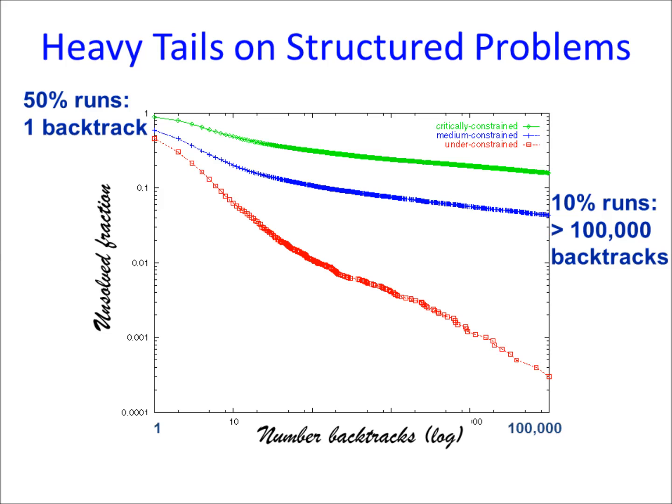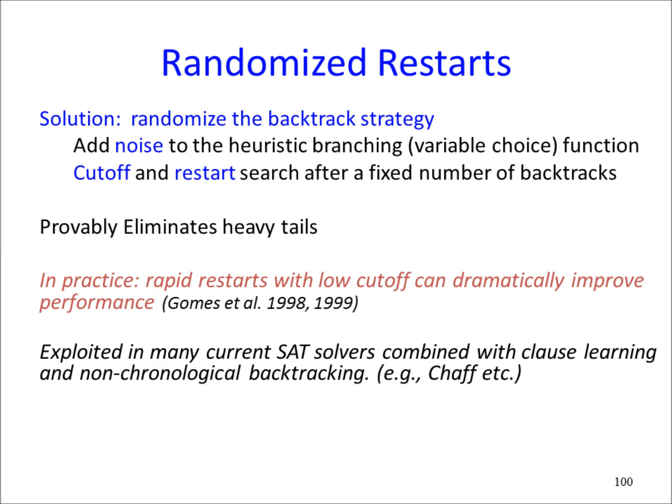So the first solution that people thought of is to randomize the restarts. Let me pick a random variable order, do a small number of backtracks, and then just restart. This is very similar to random restart in local search, but it's very different.